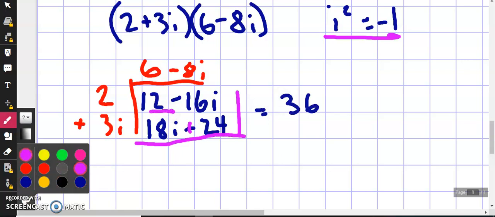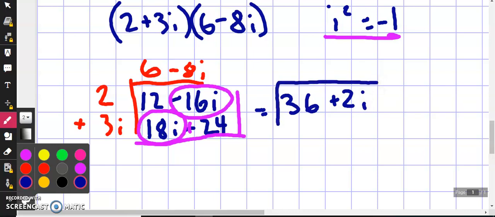And then when I go to combine my i's, I have 18 minus 16, so that would give me a positive 2i. Since I've combined everything inside the box, the complex number 36 plus 2i is my final result.